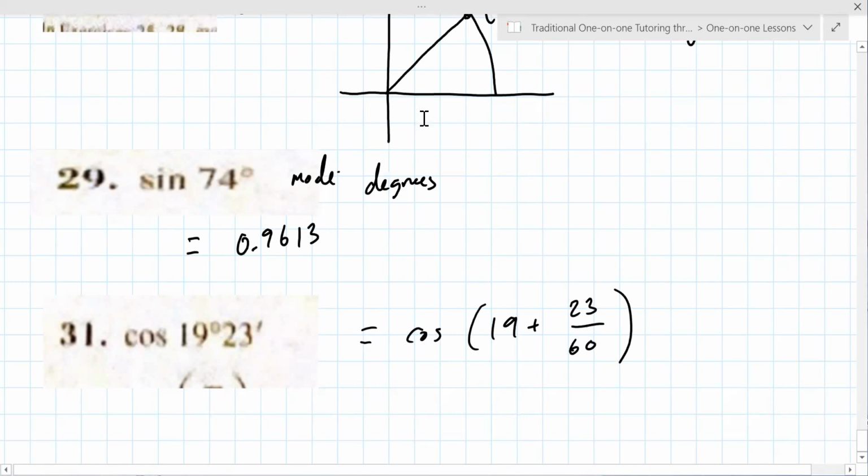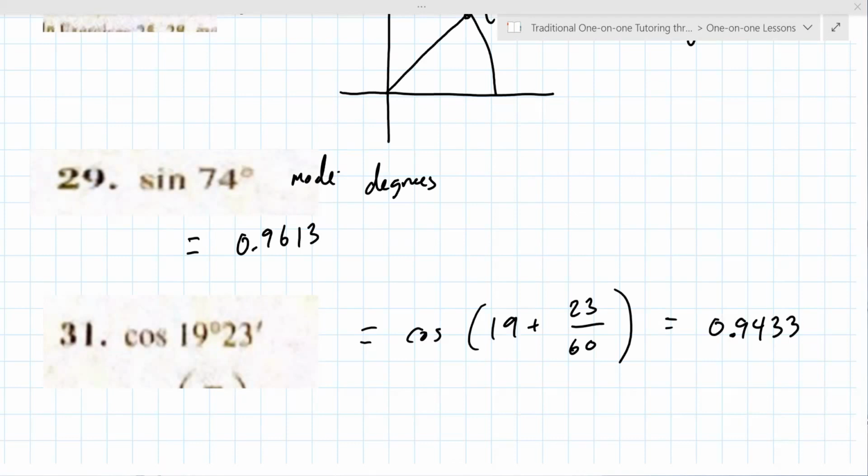You can just enter it into your calculator that way, and it'll take care of that. So I get 0.9433. I'm just arbitrarily choosing 4 decimal places. You can use however many you think the instructor wants.